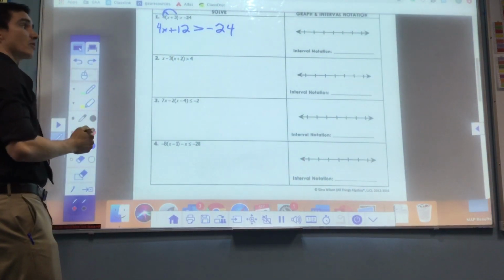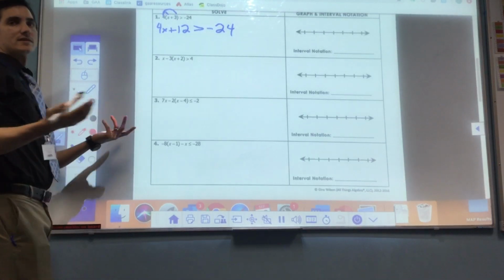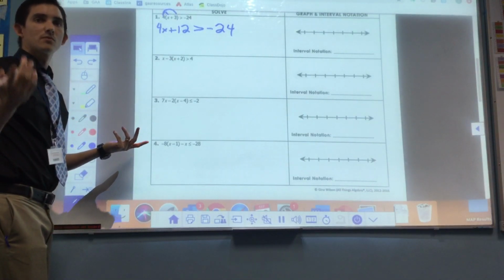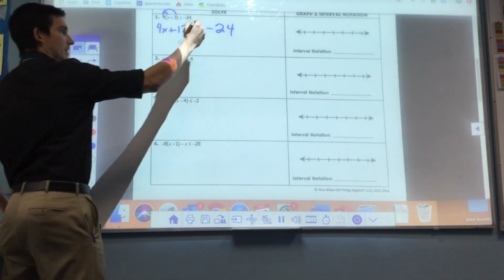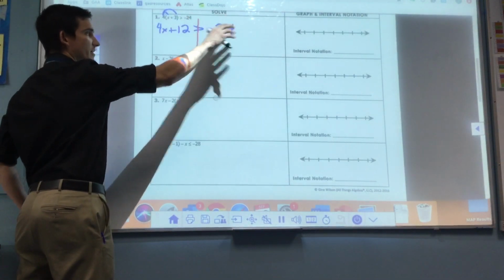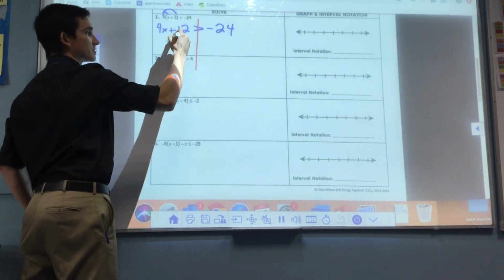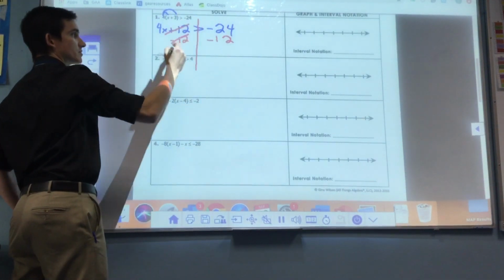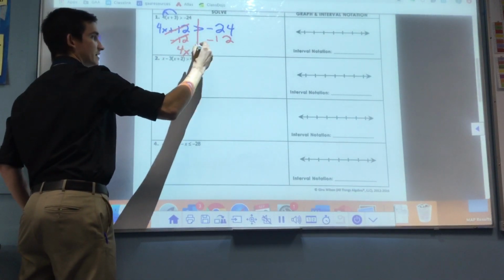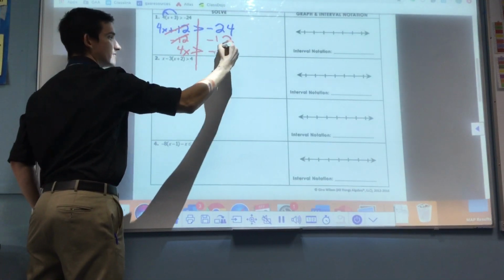What's the next thing I'm going to do, Tomoso? You add 12 to 24. I need to move my 12 over there so I can isolate my variable, right? So I'm going to subtract 12 from both sides. So I'm going to have 4x is greater than negative 36.